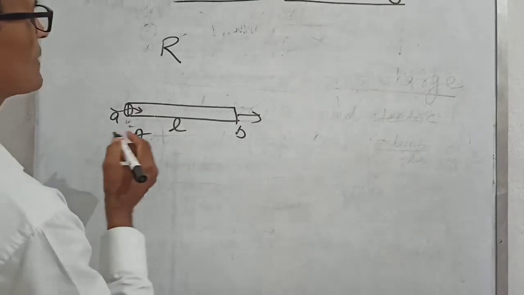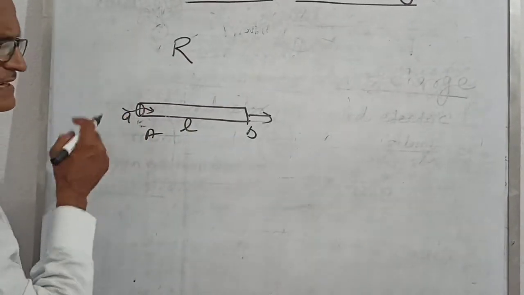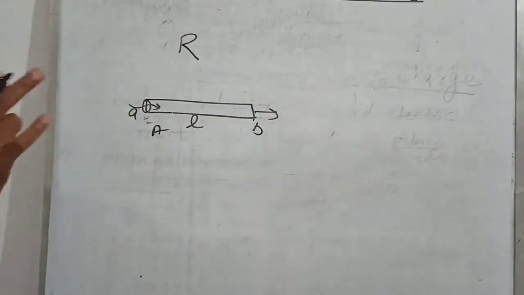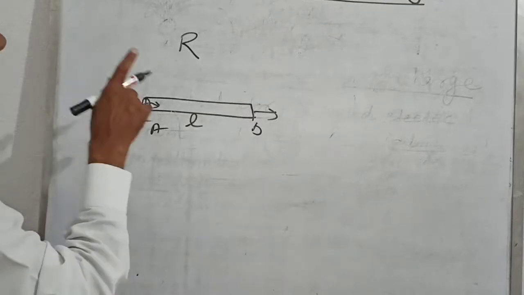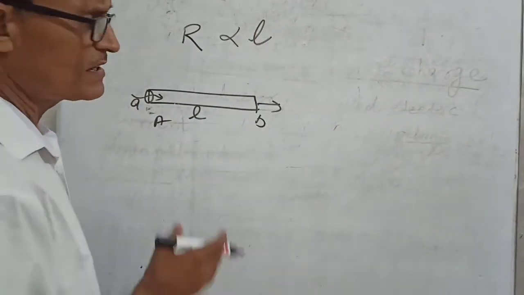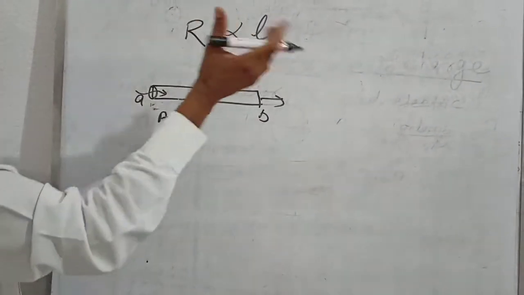Its resistivity, we can talk about the nature of the conductor. Resistance means the obstruction offered by the conductor, so it depends on the length of the conductor, directly proportional. It will have to cover a longer distance, a large amount of collision, so large resistance.